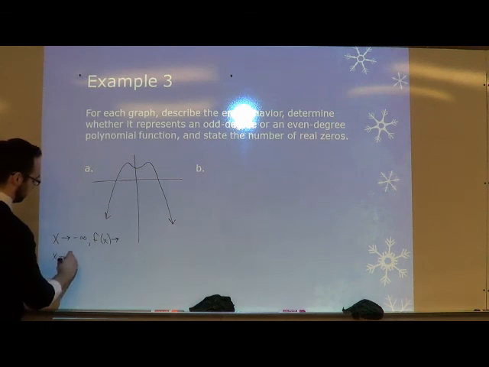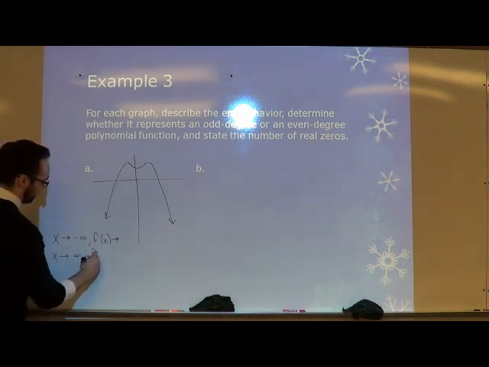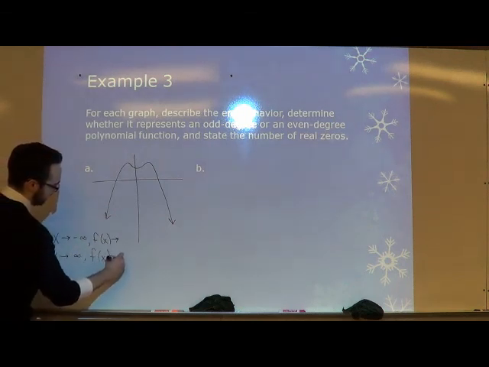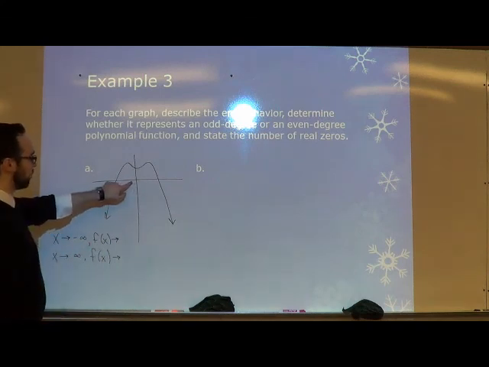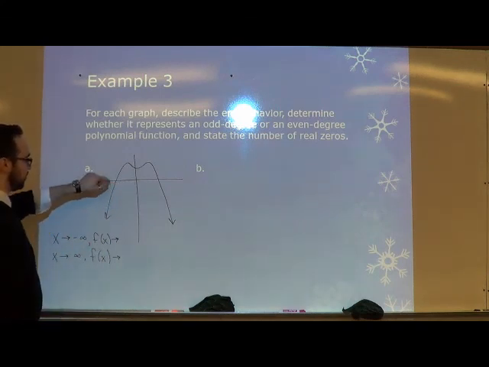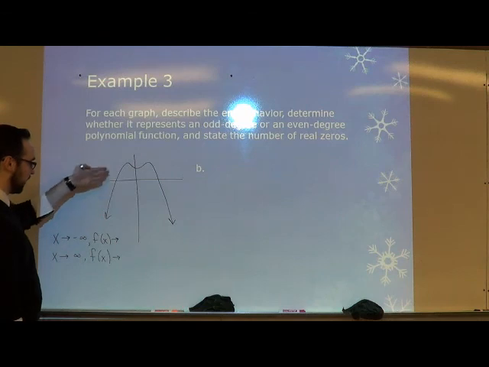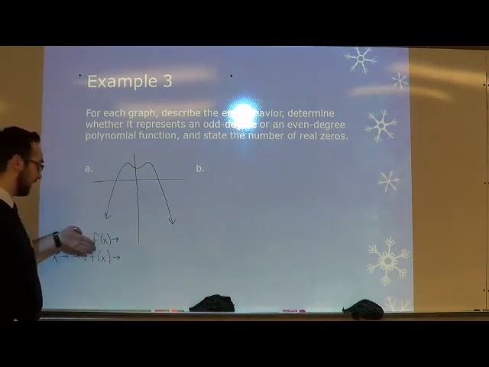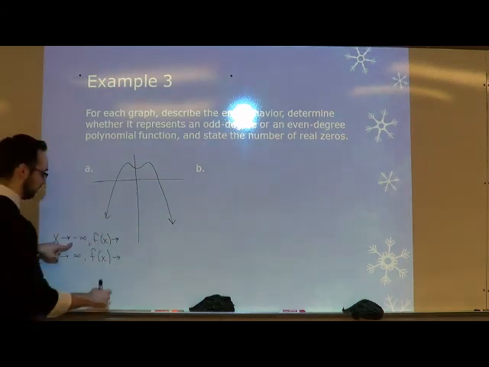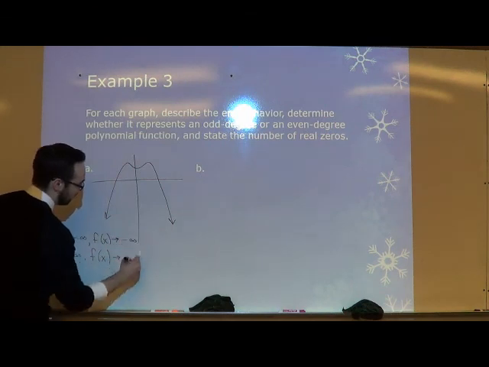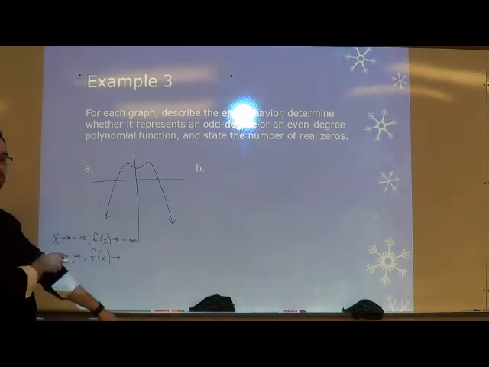And as x approaches positive infinity, f of x approaches what? So as x approaches negative infinity, you're going out this direction. What are we doing? This graph is going down to negative infinity. So as x approaches negative infinity, the function approaches negative infinity.